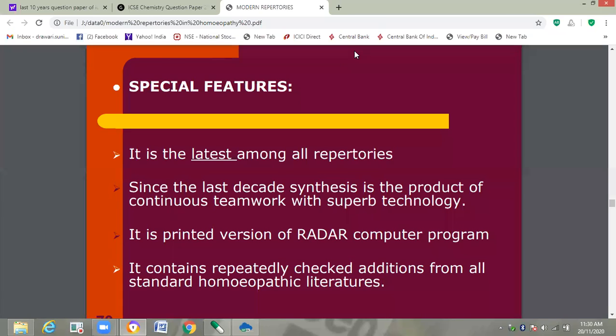In this way, compared to the 7th edition, in this edition some modifications are made in subrubrics, as well as additions in medicines, additions in rubrics, additions of new provings in this 8th version, and the total number of pages is also increased from 1717 to 1912.